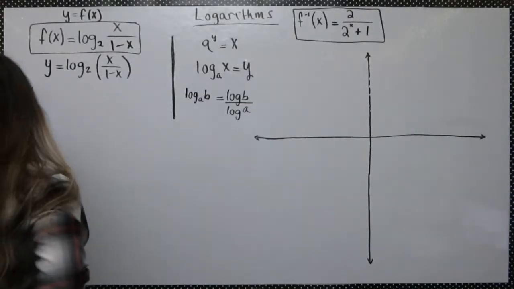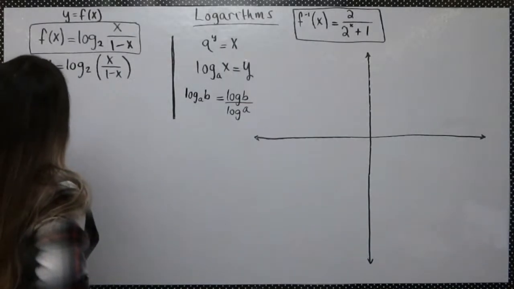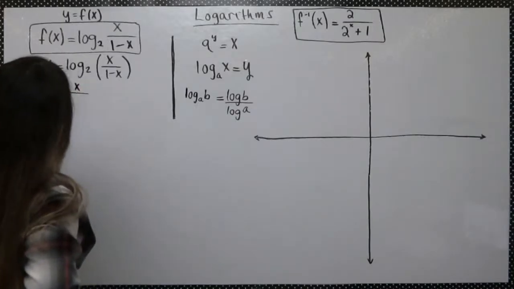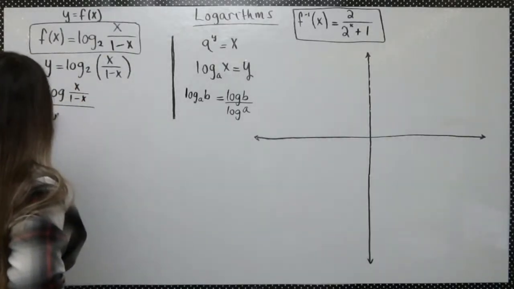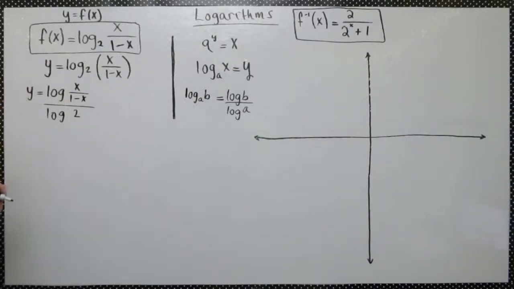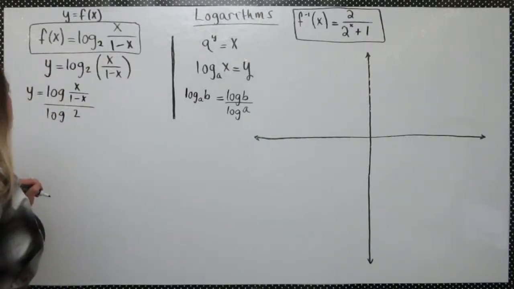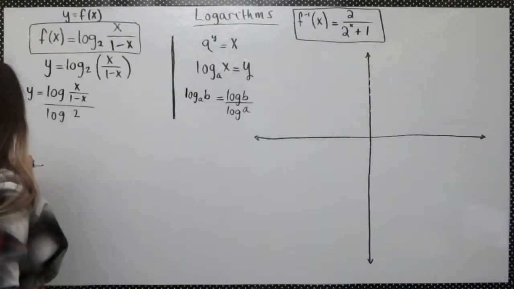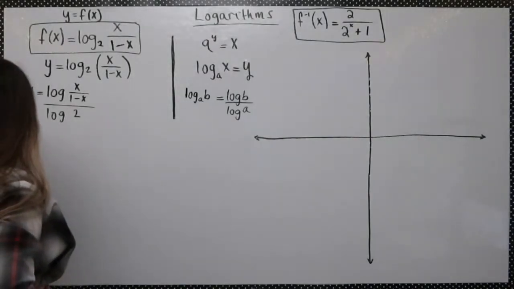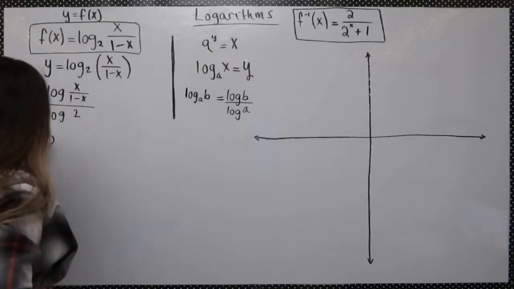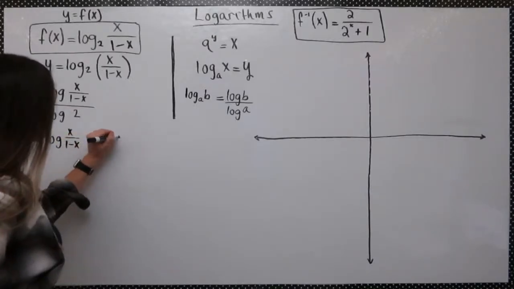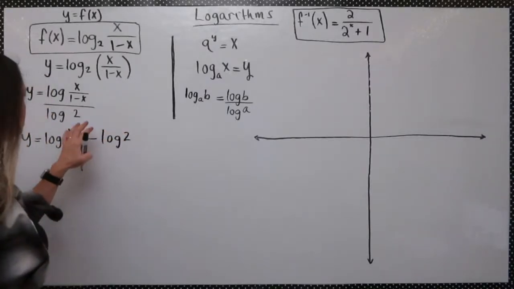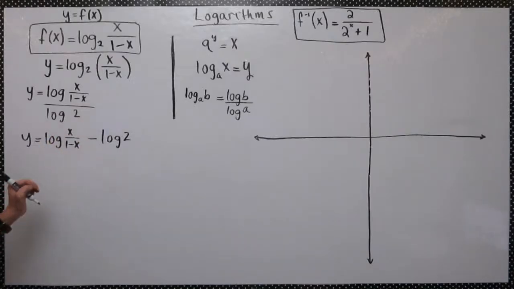So this would be y equals log x over 1 minus x, divided by log of 2. And I don't know if this would actually help, but we could try. So then this is going to be y equals log x over 1 minus x minus log 2, because you have the division equals subtraction.